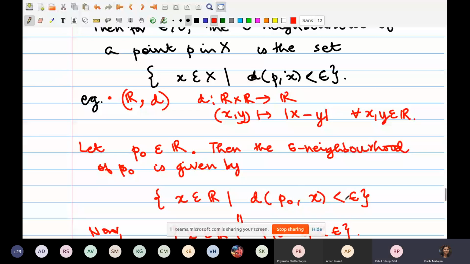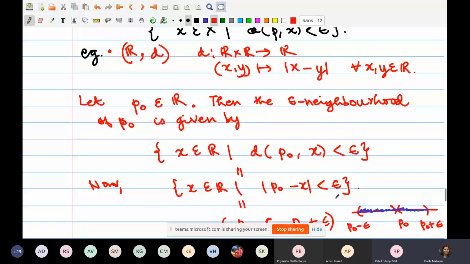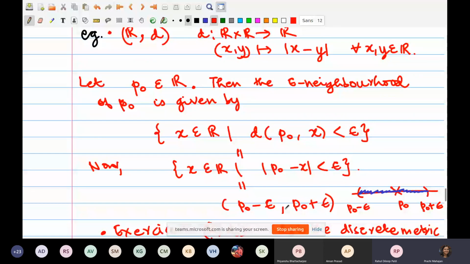Now, what is the definition of this function in this example? The definition is this, so I apply that here. This is exactly the set where the absolute value of P naught minus X is less than epsilon. By definition, this means P naught minus X is less than epsilon and minus of P naught minus X is less than epsilon. Is the problem here in this last equality?